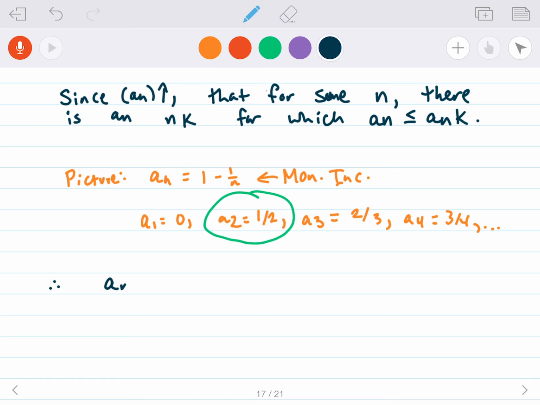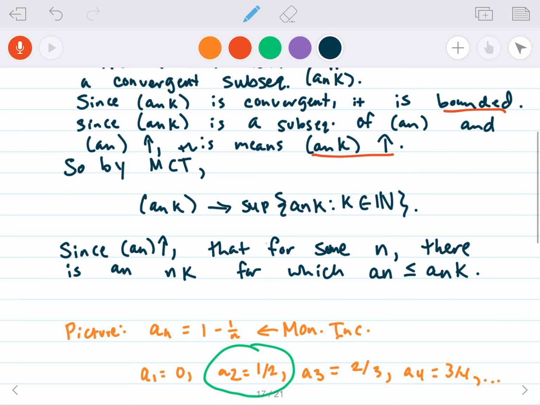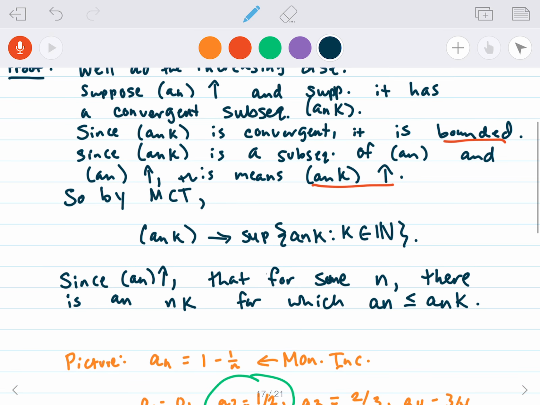We have a sub n is less than or equal to a sub nk. And remember, we're claiming that this guy converges to the supremum of the set of terms in our subsequence.